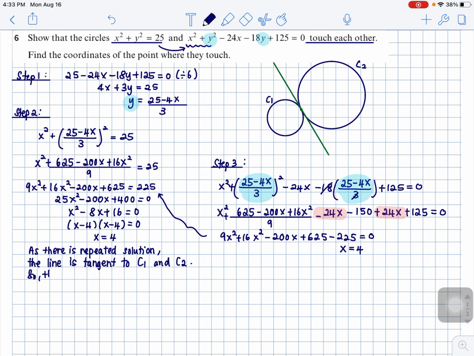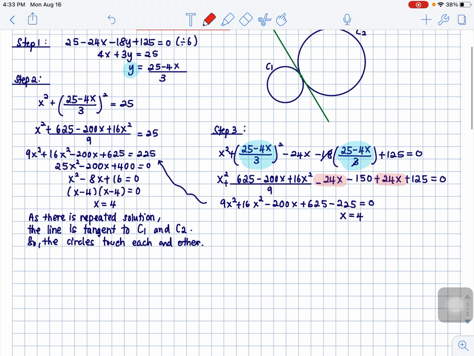So the second part of the question says, if they are touching, can you please find the coordinates of the point where they touch? You already know the x value, so substitute into this.